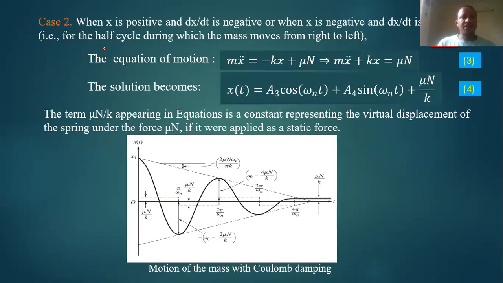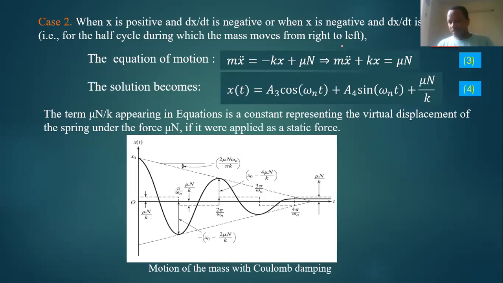Another case is when x is positive and dx/dt is negative. That means it is still on the right side, but moving back, for the half cycle during which the mass moves from right to left.